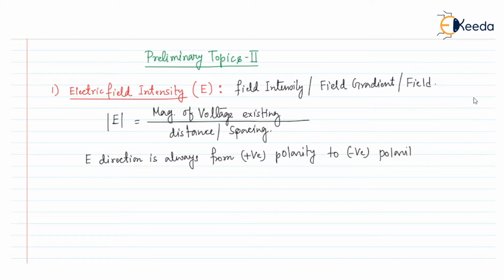That means if we have a positive polarity here and a negative polarity here, then the electric field direction will be from the positive polarity to the negative polarity in this fashion.